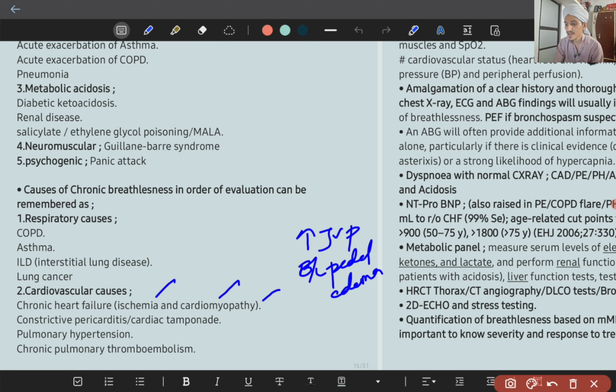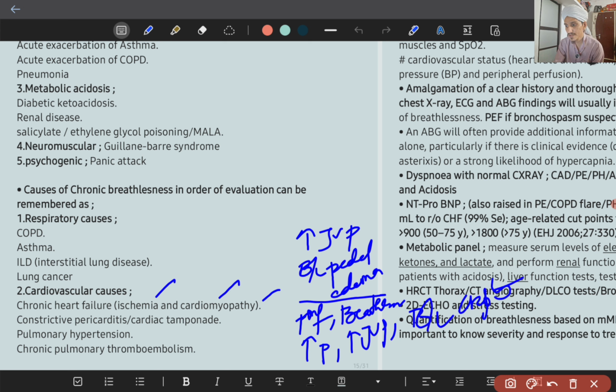And whenever there is acute exacerbation of this chronic heart failure, there will be pink frothy sputum along with breathlessness, increased pedal edema, increased JVP, and bilateral creps. So JVP will be raised, with bilateral pedal edema and bilateral creps. These are the signs.